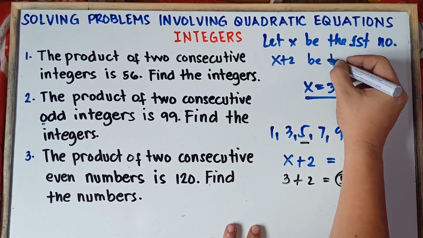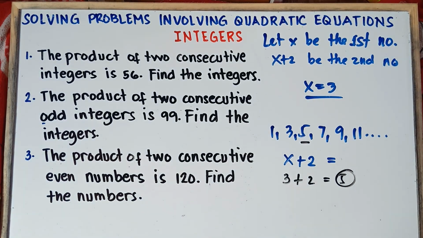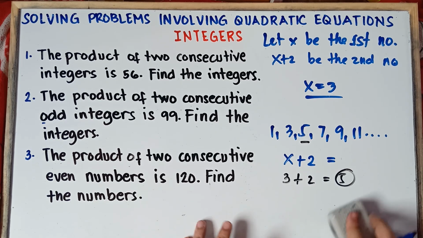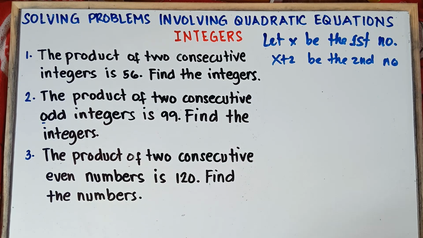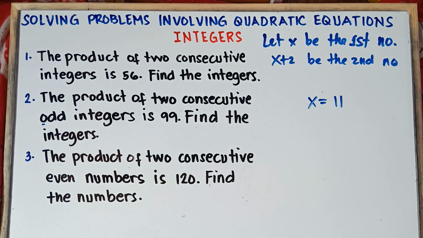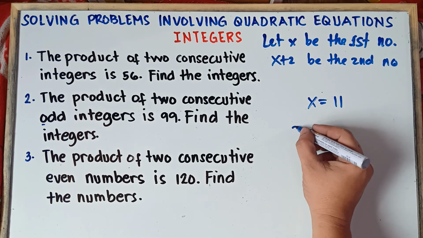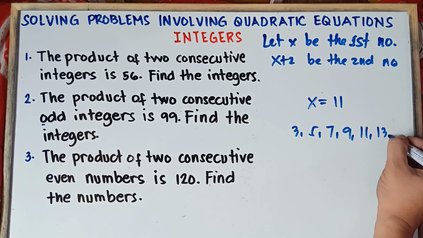It will be the second number. Let me just explain this once more, class, for you not to be confused. We don't know the number yet, so we let x be the first number. If x is equal to 11, what would be the next number after 11? Odd numbers: 3, 5, 7, 9, 11, 13, 15.